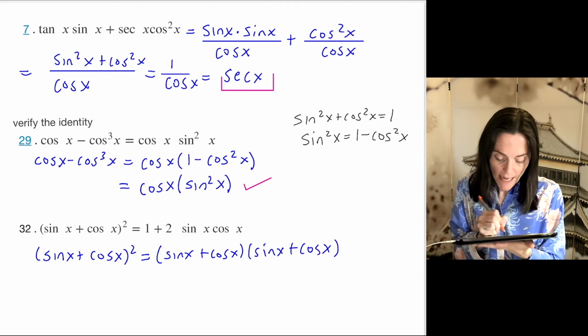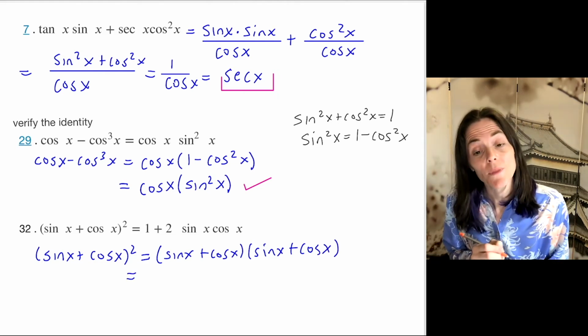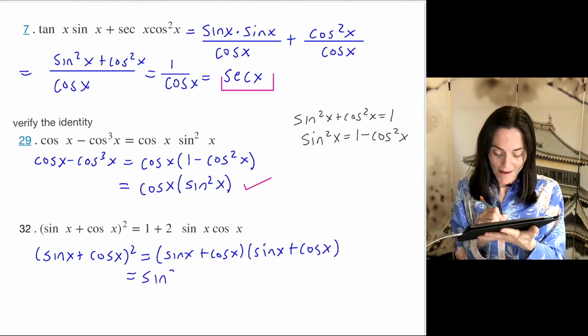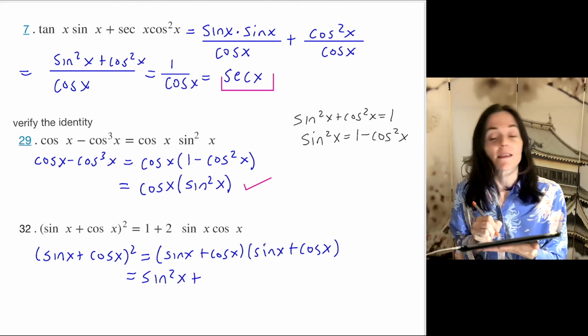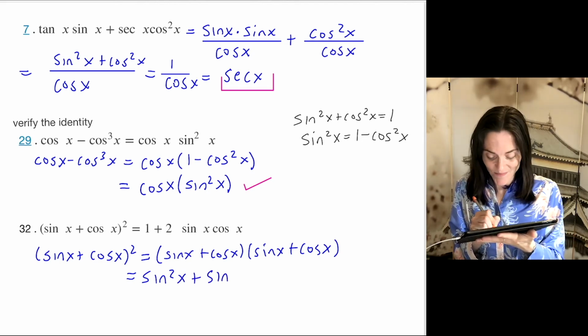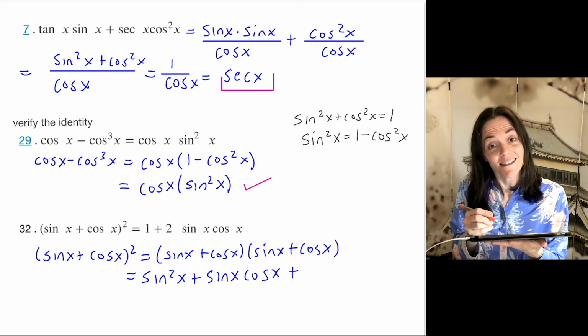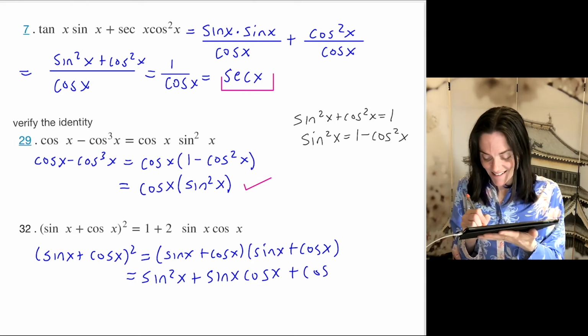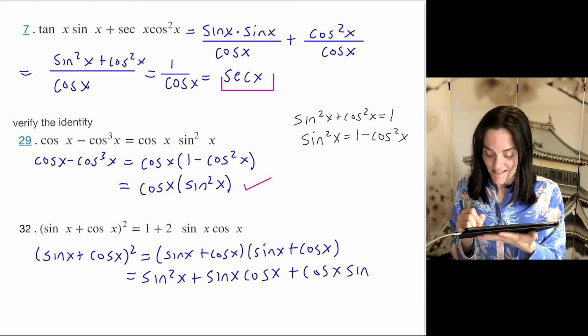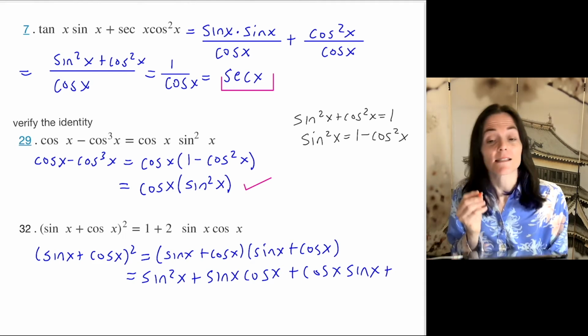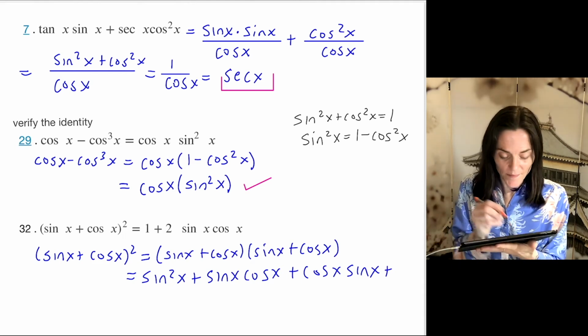Now you can see I have some things to multiply out. The first gives me sine squared. The outer gives me sine cosine. The inner gives me cosine sine. And then the last gives me cosine squared.